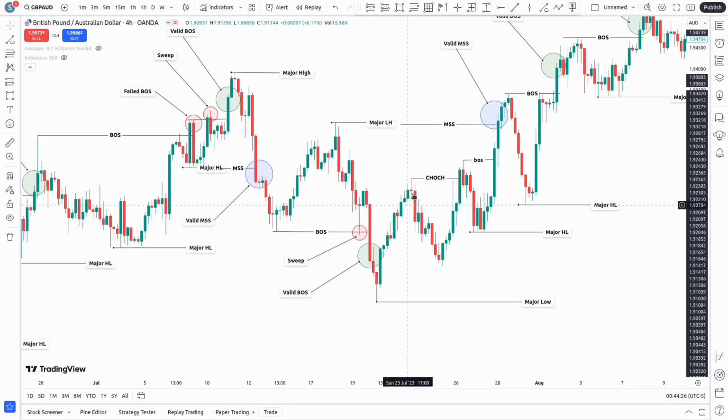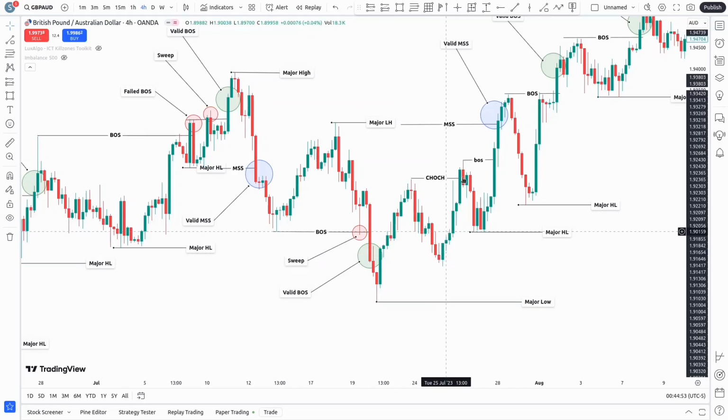Like here, this is a pullback. On the 4-hour chart, this pullback is a major trend on the 15-minute or 5-minute chart. So price comes back, pulls back, tries to reach this low here, but it failed.